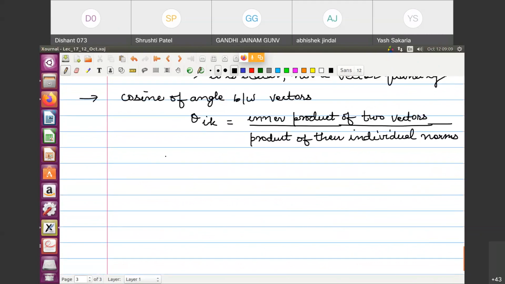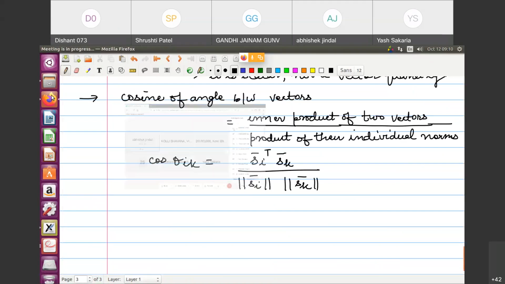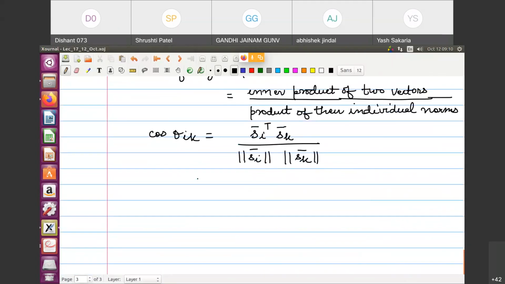So cos of theta ik is equal to Si bar transpose Sk bar divided by the individual norms' multiplication. I think this is what we have already seen in our earlier days.